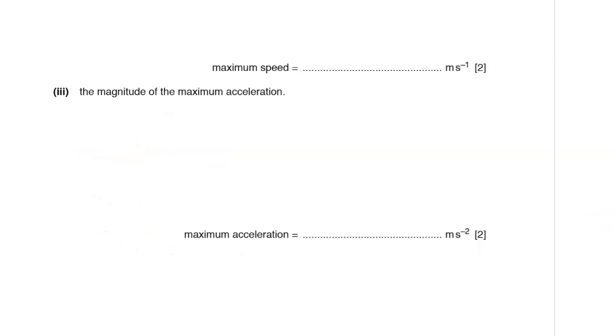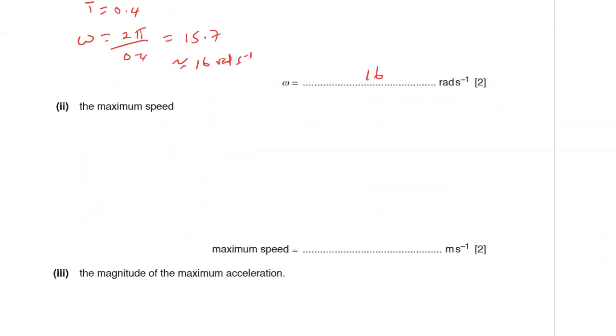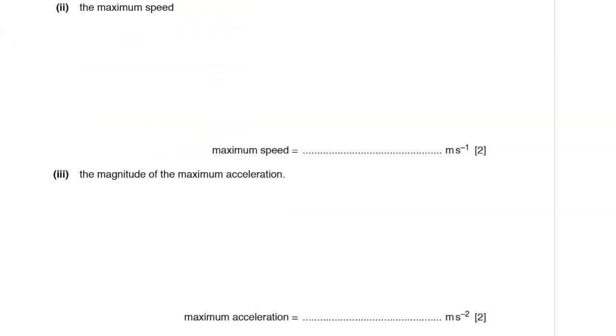Maximum speed is at the equilibrium position. So v naught is equal to omega times the displacement there.